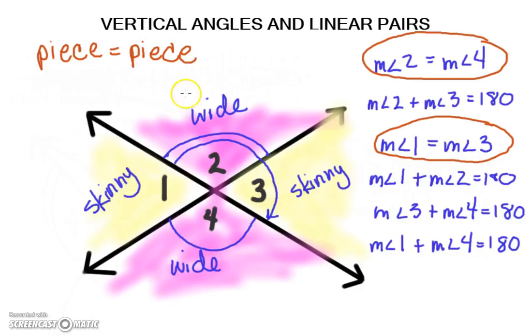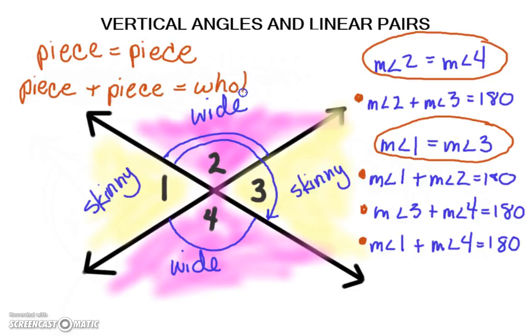It wouldn't make sense that wide would equal skinny in anything in life. Then if you'll notice the other equations that came out of this simple picture, they are in the format of piece plus piece equals the whole thing, or the whole big angle. So take a look at this, absorb this, and then practice some examples and see how you do with this before you go on to practice.